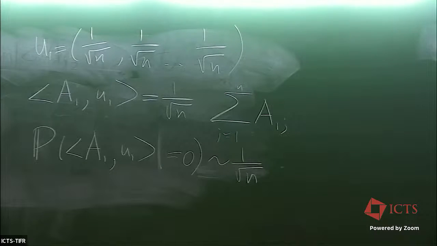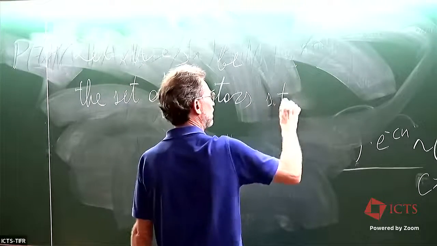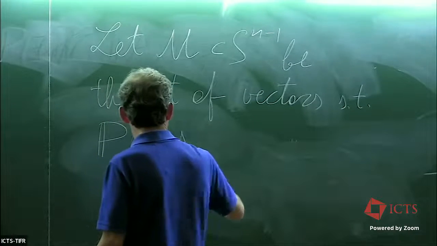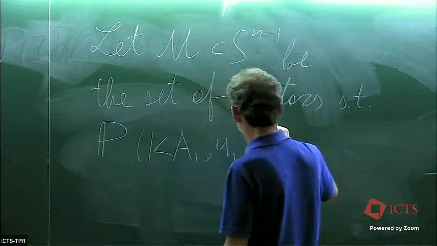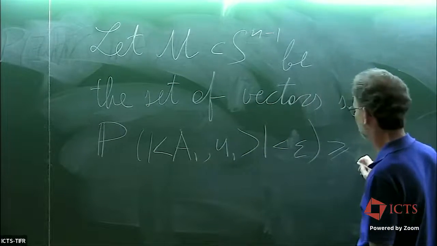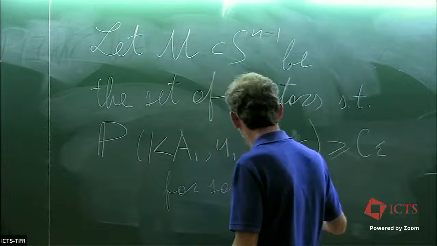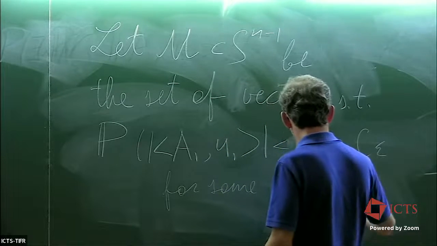So let M be a set of vectors such that our ideal small ball probability fails for some epsilon greater than e to the negative Cn.